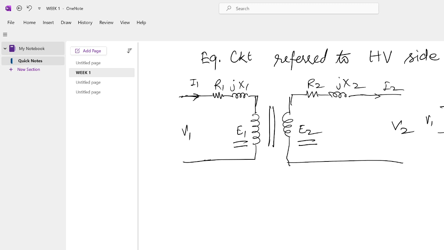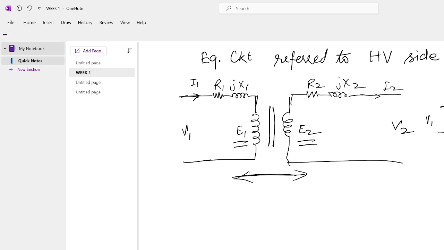Now, we want to represent this through an equivalent electrical circuit. There is no connectivity between these two circuits. How will you merge them together? Using the transformation ratio, sir. Yes, exactly.